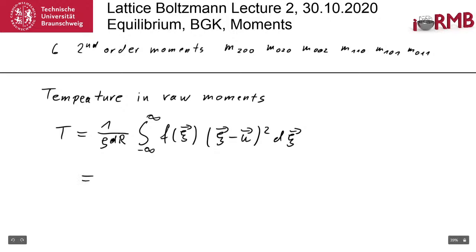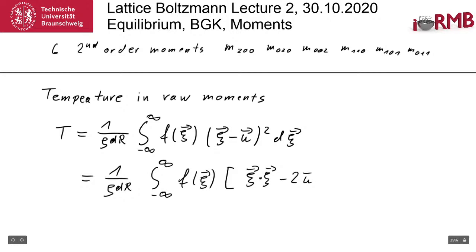Now, what does this mean in raw moments? Let's first write out this guy here, because this will be xi times xi minus 2u times xi plus u square.